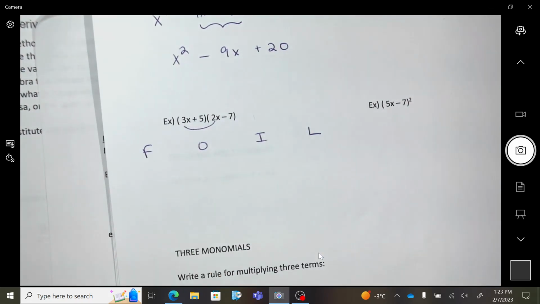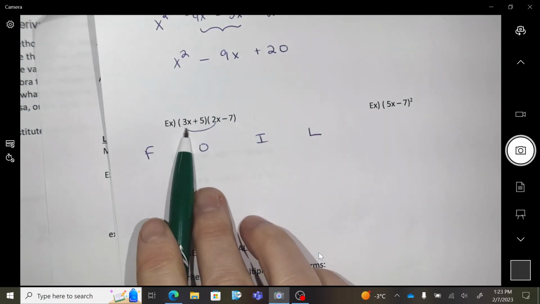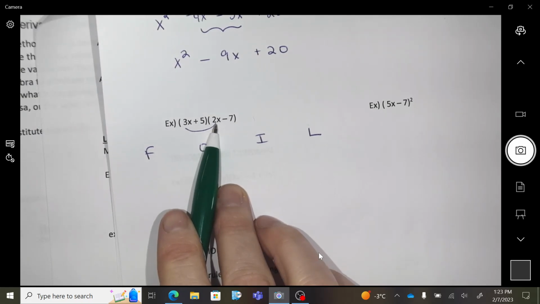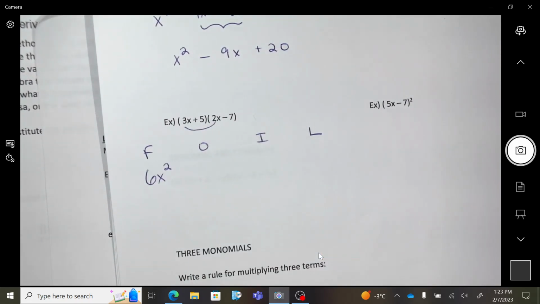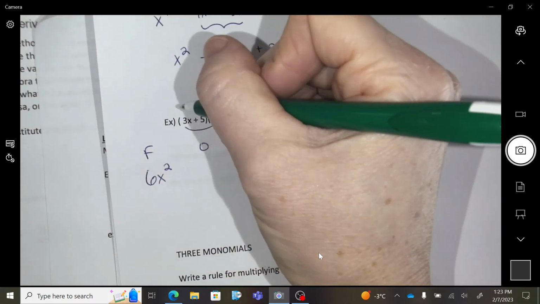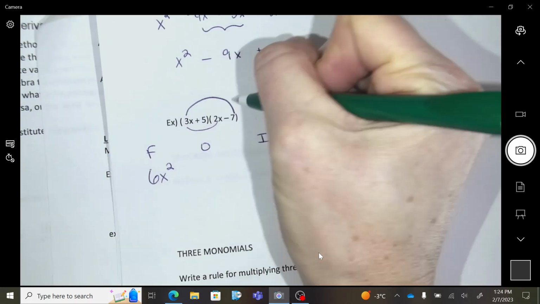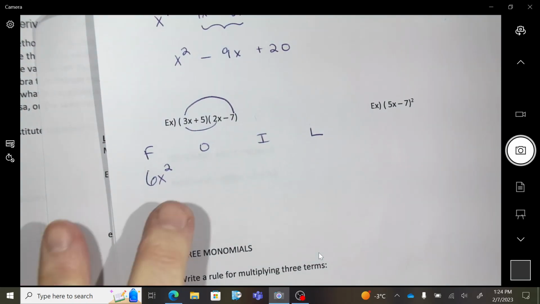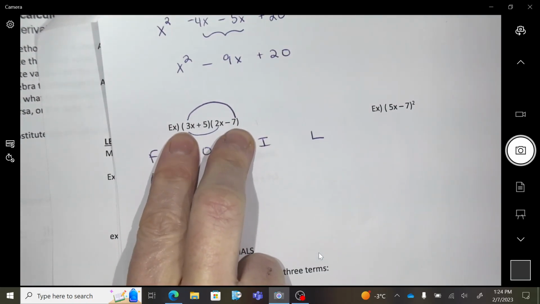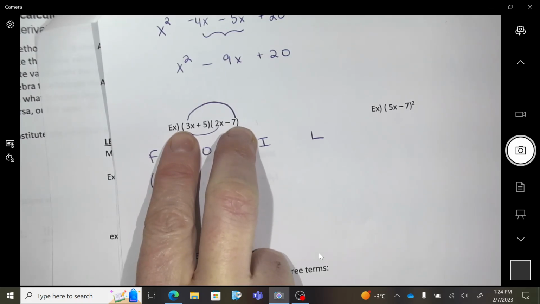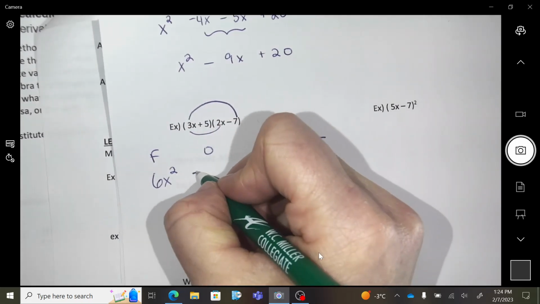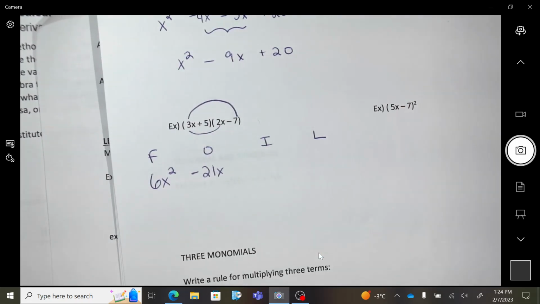What is just your first there? What does that make together? A 3x times a 2x. 6x squared. Okay, my outside, so I have my fingers on the outside objects. What do you think there? Minus 21x.